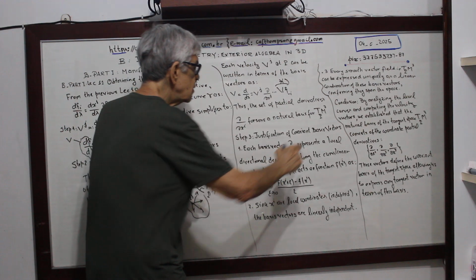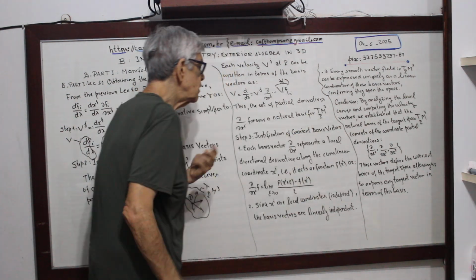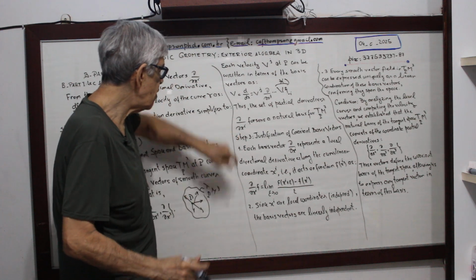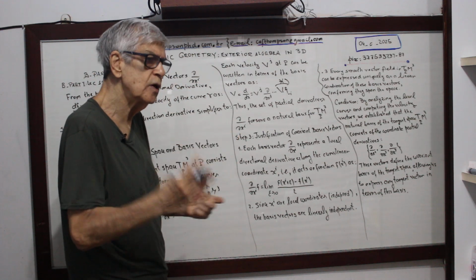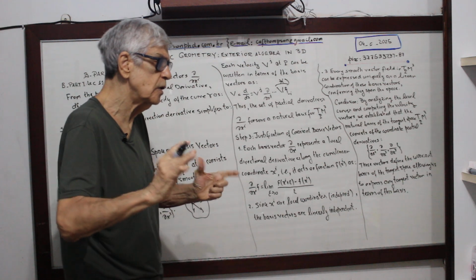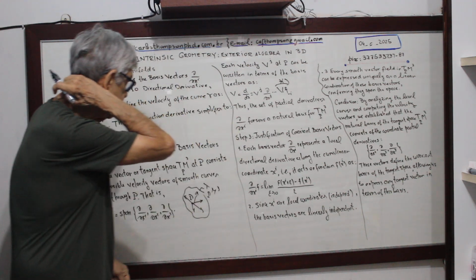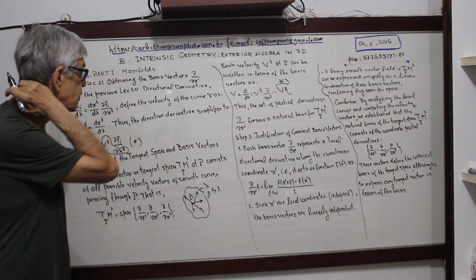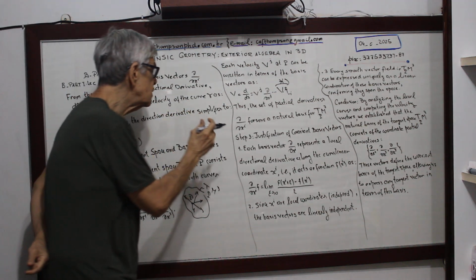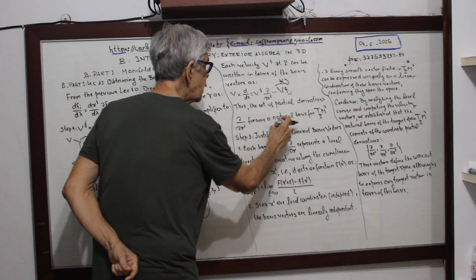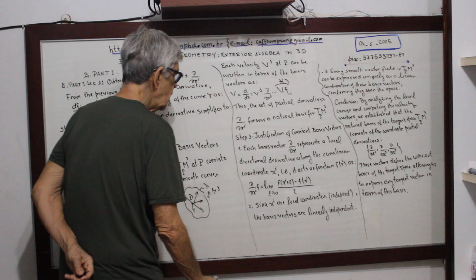For instance, for 4 dimensions, you put 4 over here, so I have 4 basis vectors for the case we are analyzing. Thus, the set of partial derivatives forms a natural base for this one.